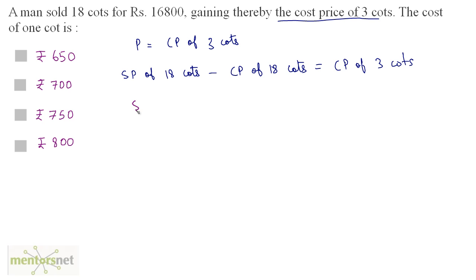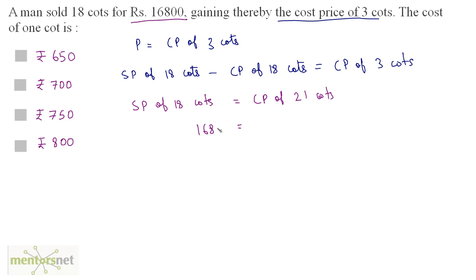So the selling price of 18 cots is equal to the cost price of 3 cots plus the cost price of 18 cots. We get it as equal to the cost price of 18 plus 3, which is 21 cots. So the cost price of 21 cots is equal to the selling price of 18 cots, and the selling price of 18 cots is given to us, which is 16,800.